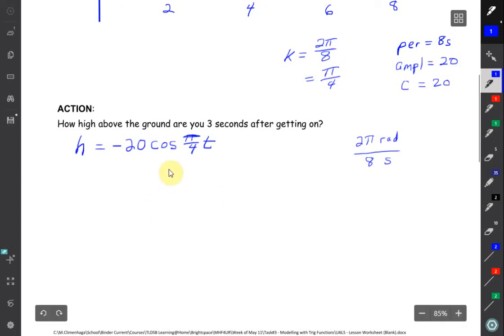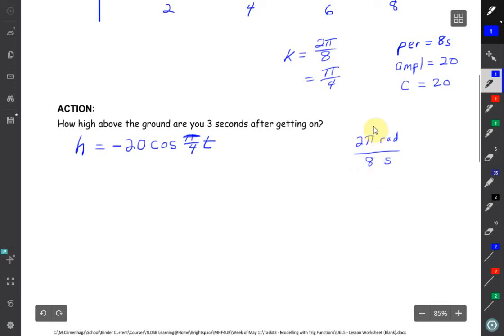When we have a trig function, it's expecting an angular measure, which is how far around a circle you have gone. Well, what this is doing is relating how far you've gone around a circle in terms of radians to the time that has passed.